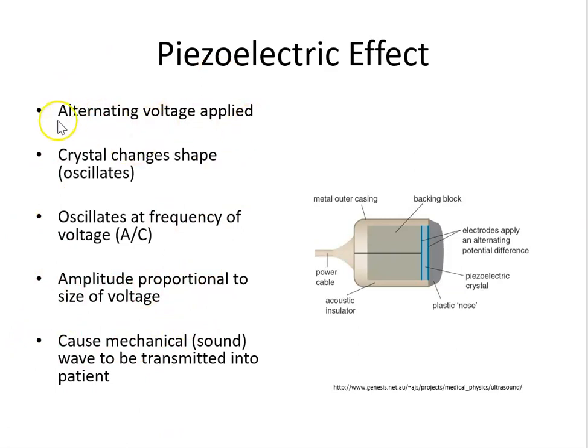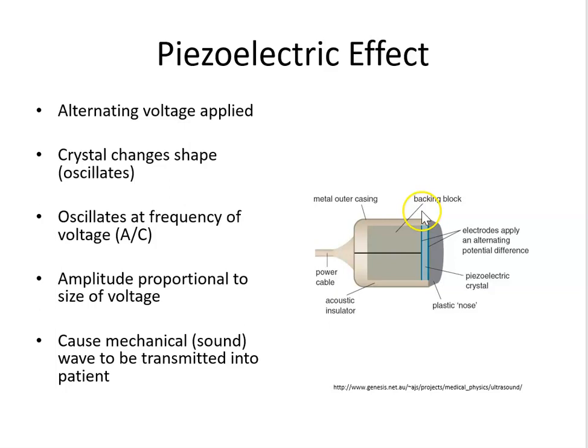So in terms of generating the original ultrasound wave, we use alternating voltage, which is applied to the piezoelectric crystal. This alternating current oscillates at a set frequency for a particular voltage. We can set the amplitude based on the amount of power that goes into that crystal, but that will cause a mechanical sound wave to be transmitted into the patient.